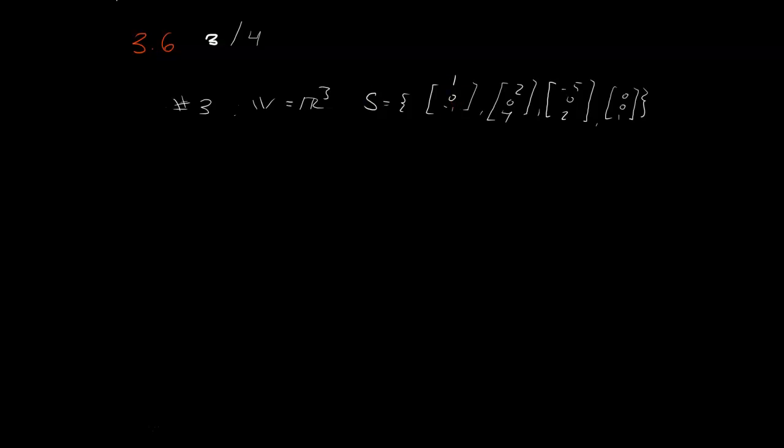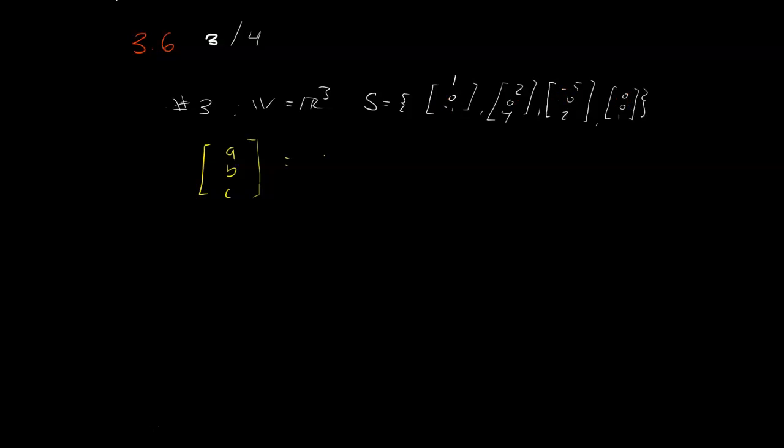So R3 is sort of our 3-dimensional space, and S is this. So there's a handful of ways you might think about this. Let's sort of write some of those out. One way you might think about this is, for an arbitrary A, B, C, can I write these by adding up the other vectors and multiplying them by some numbers?